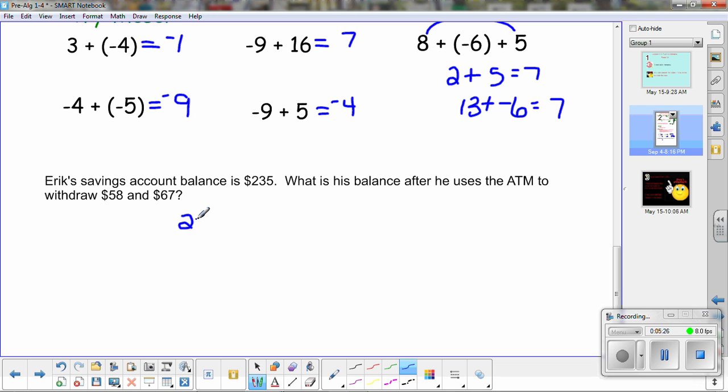If he starts with $235 and he withdraws 58, one way to show a withdrawal is to show it as a negative. So plus a negative $58 plus a negative $67.